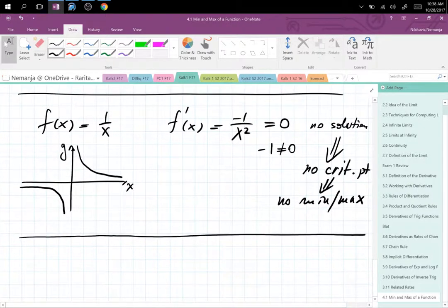So the procedure to find the locations of min and max, which we call extrema, is to take the derivative and set that derivative equal to 0. Now, does anyone remember why we have to set it equal to 0? Why are we setting the derivative equal to 0?